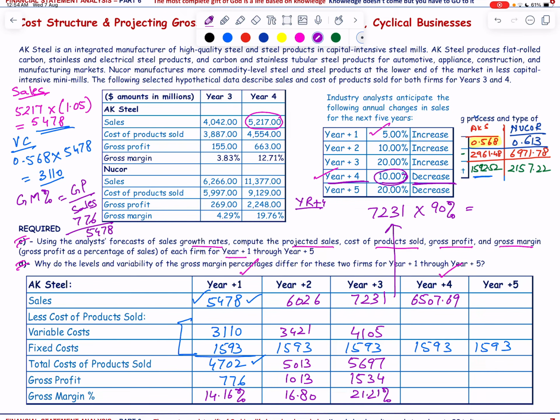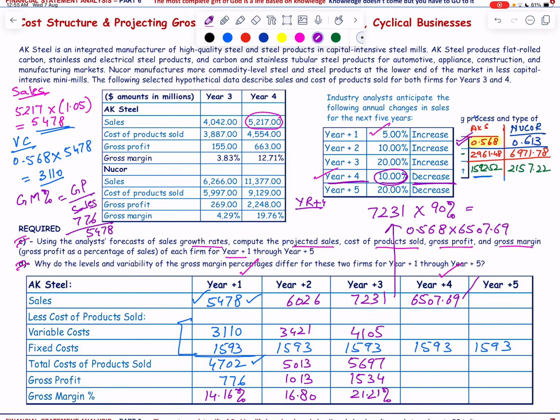And then in the same way, the variable cost is going to be 0.568 times the sales, that is 6507.69.